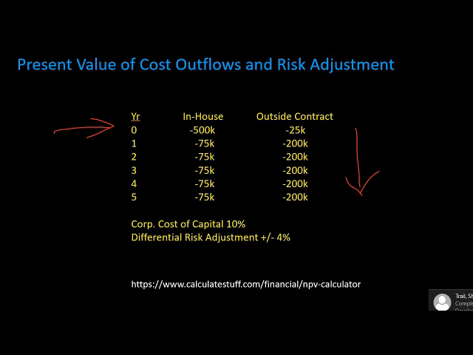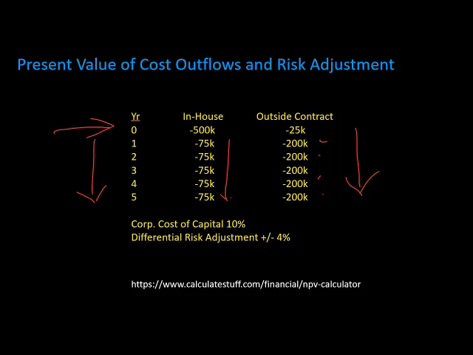Then you have the subsequent fees, or maintenance, or expenses, whatever is involved in this case. In this case, it's probably the annual contractual fees that you see for the outside contract, and then if you do it in-house, you've got your expenses to maintain that all the way through year 5.